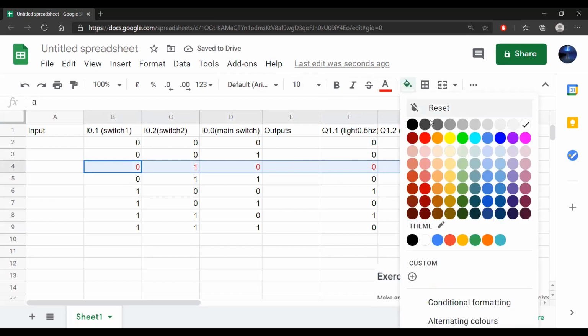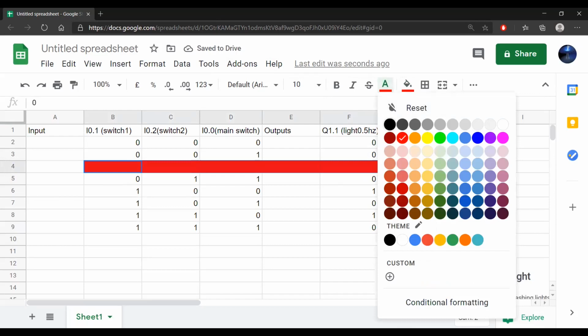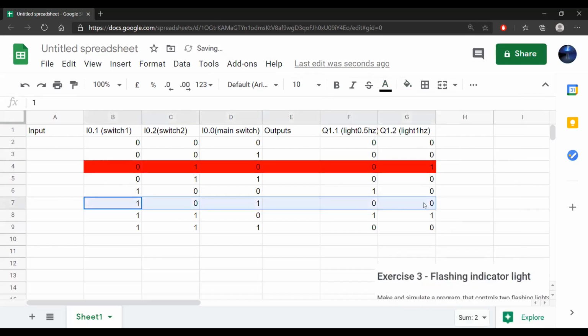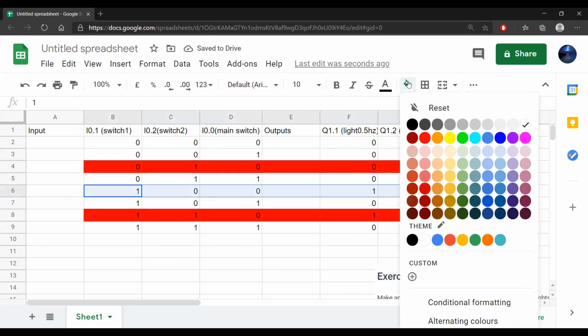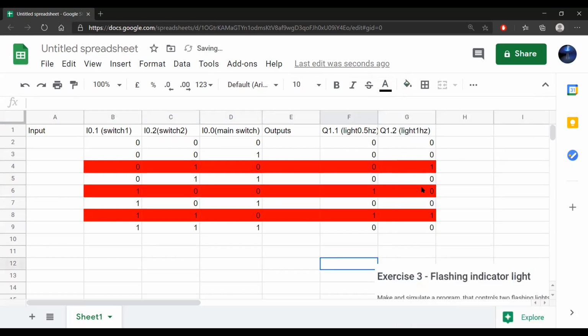So I'm going to highlight these rows. Oops, that is terrible. Like that. And the second one. Finally, we have another one. Okay, so great. This was our first truth table, and these are our results.